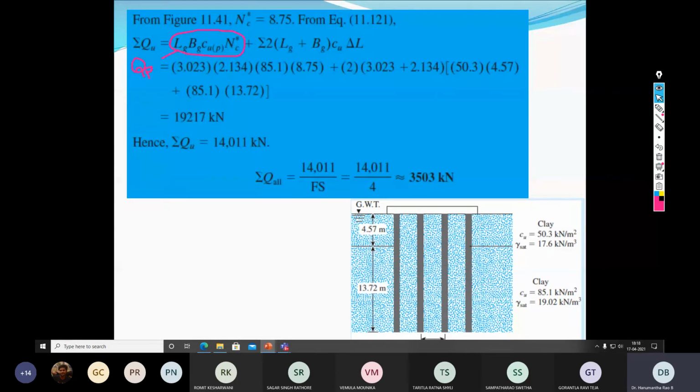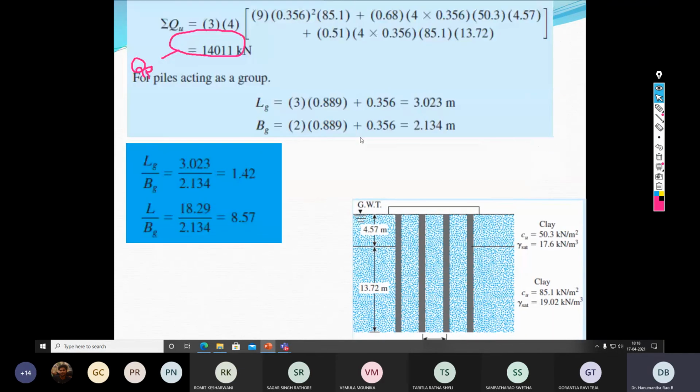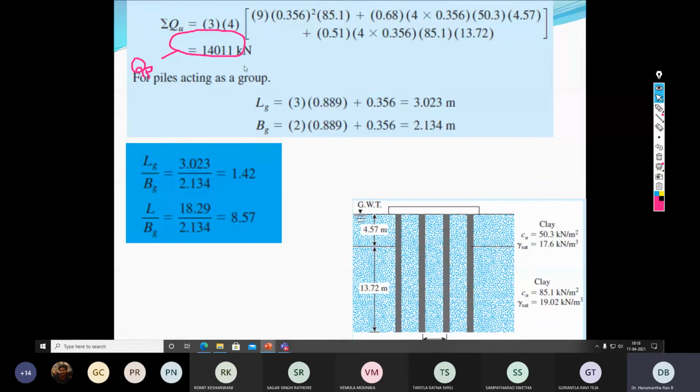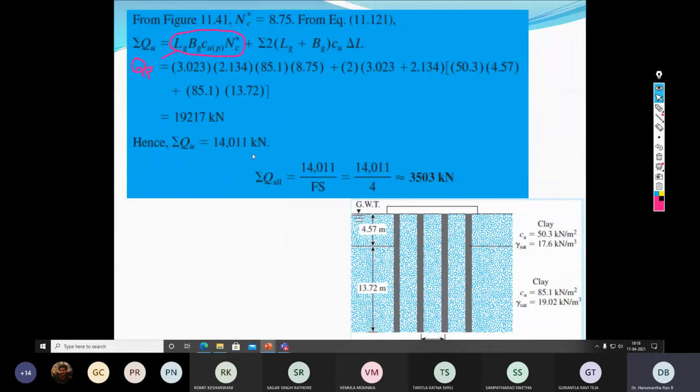Now as per the statement, the pile group capacity is the lower of the block or the summation of the individual piles. Individual piles is 14011, but the block is 19217. Therefore the lower is 14011, so we can take sigma Qu as 14011 kilonewton.